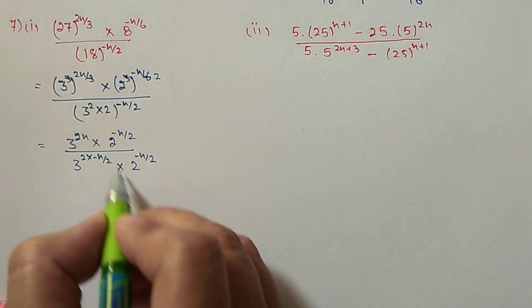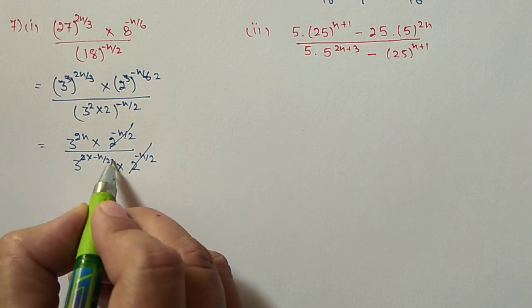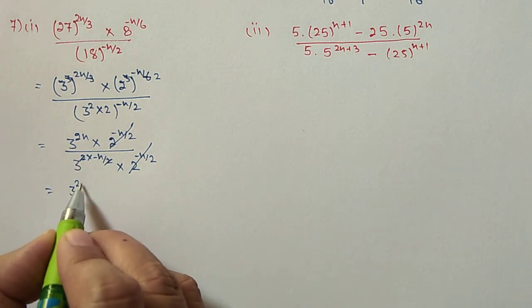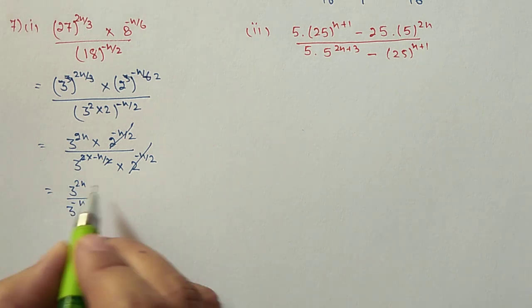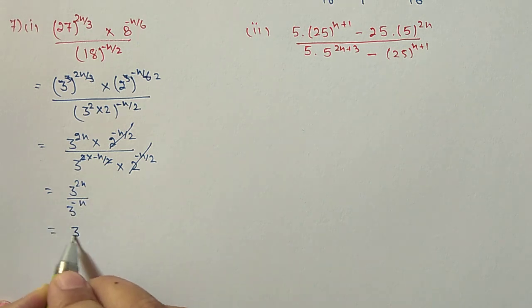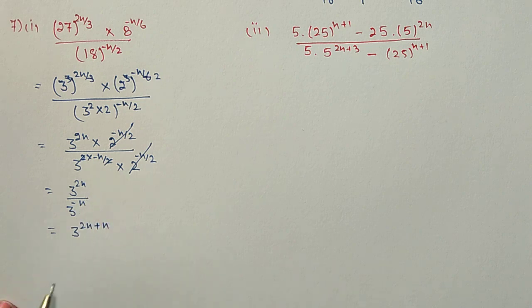So this thing is the same, we can cancel out. Here this 2 and 2 will cancel out. 3 to the power 2n, and down we have 3 to the power minus n. We can simplify: 3 to the power 2n plus n. When we take it up, it will become plus. So the final answer will be 3 to the power 3n.